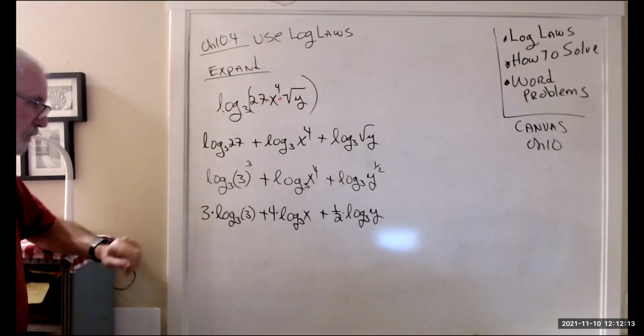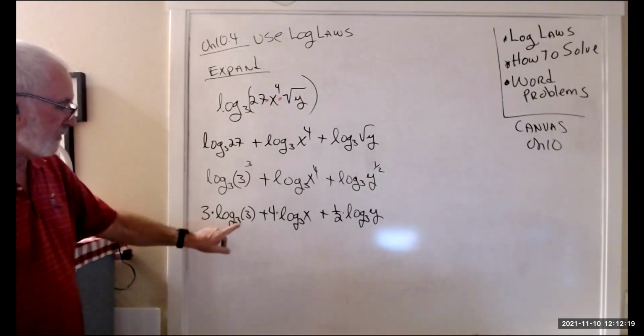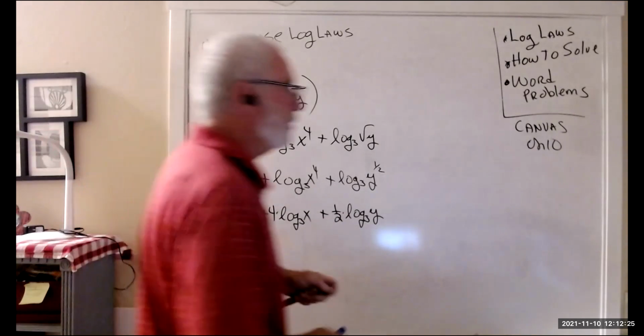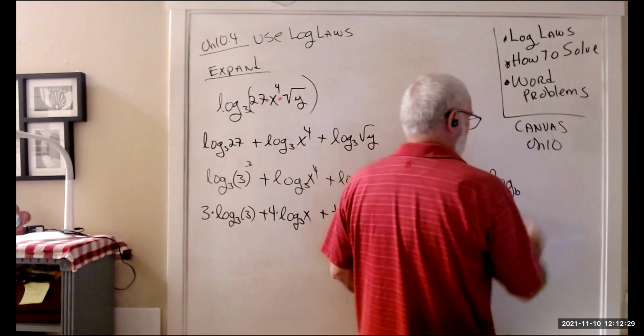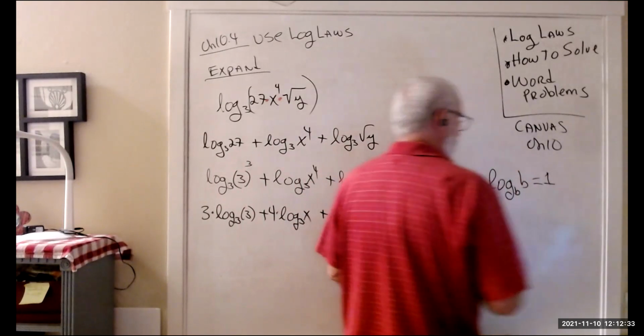Now there's one more step I can do. Here, I have a log base 3 of 3. That's worth 1. Remember, one of our log laws was that log base b of b is always worth 1.